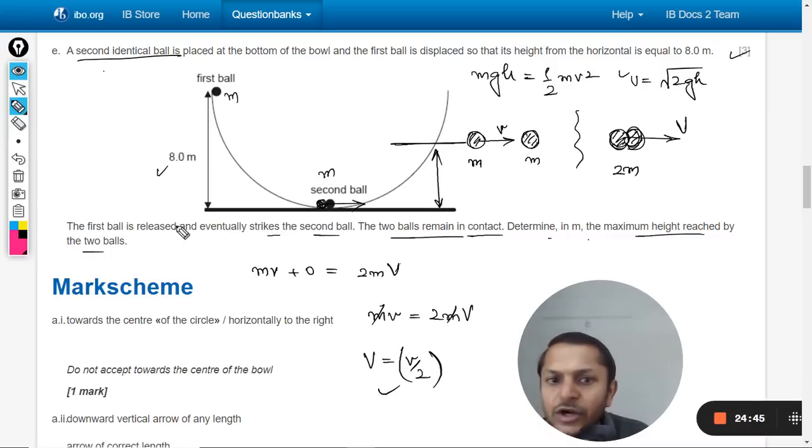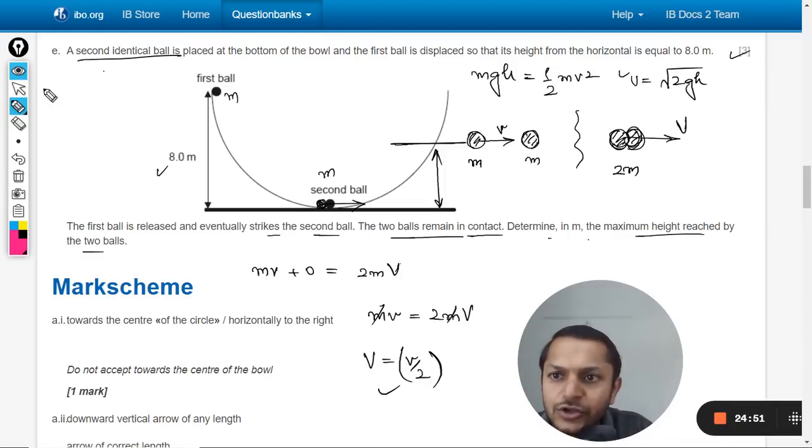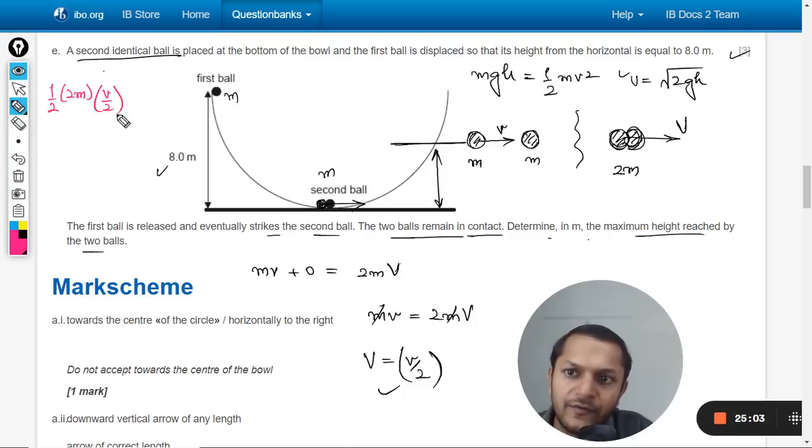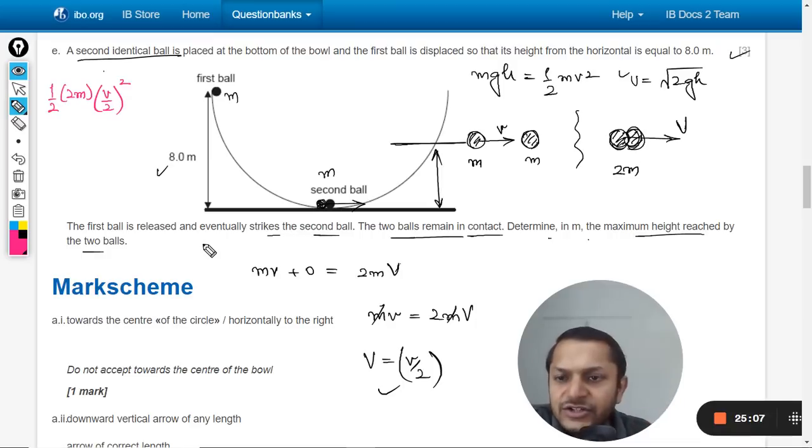Okay, so what is the kinetic energy now? This is the second case. Clearly it has nothing to do with the earlier one now. So the total mass is 2m. What is the energy? Sorry, we have to take the kinetic energy now: half 2m into (v by 2) square. So this is the total kinetic energy.